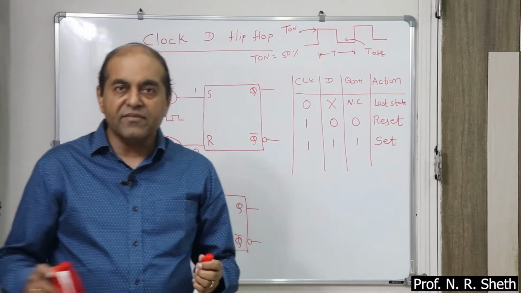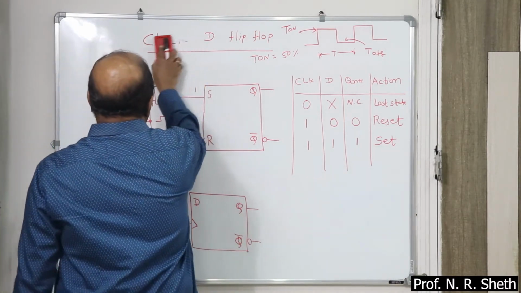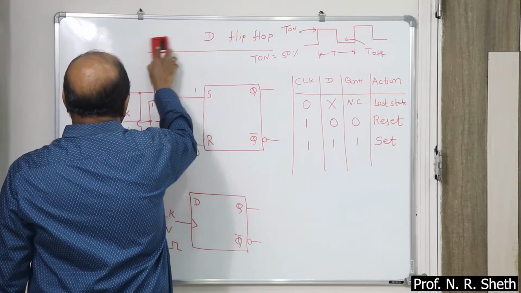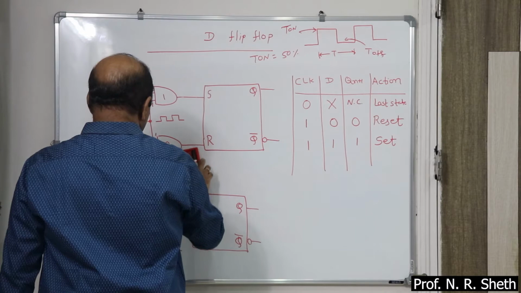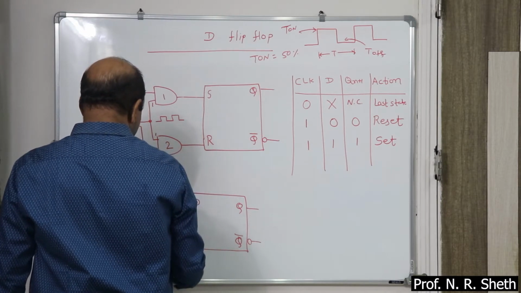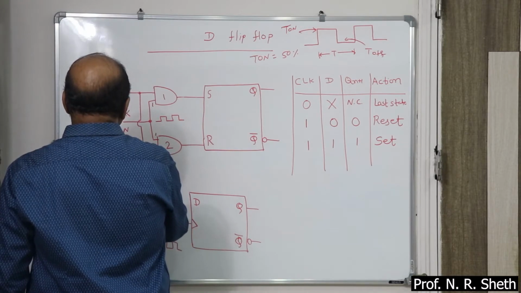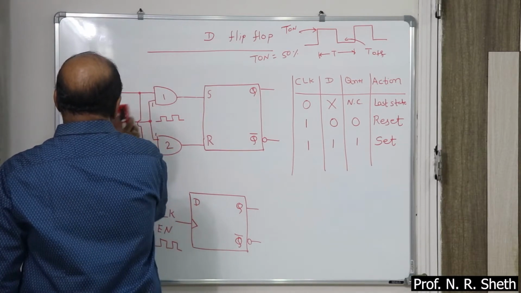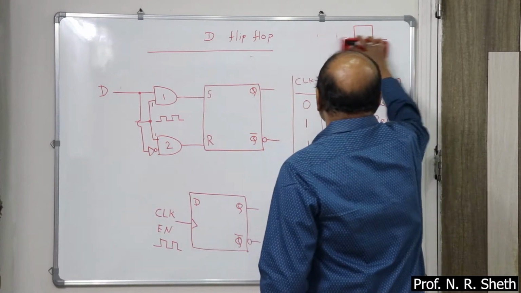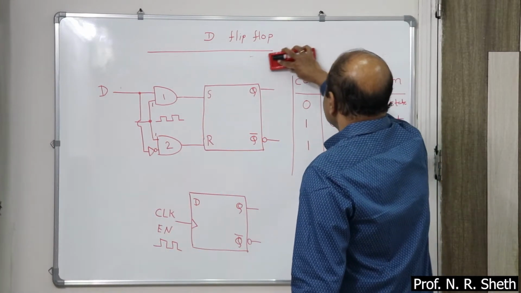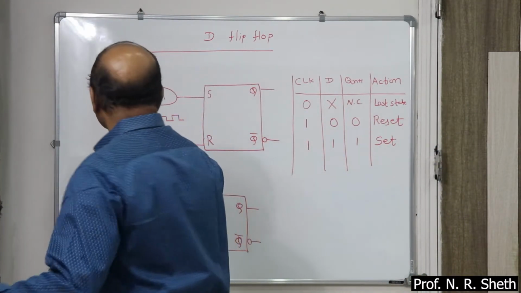So the second variation of D flip-flop is edge-triggered D flip-flop. One change in this basic circuit: an RC differentiator is introduced here.